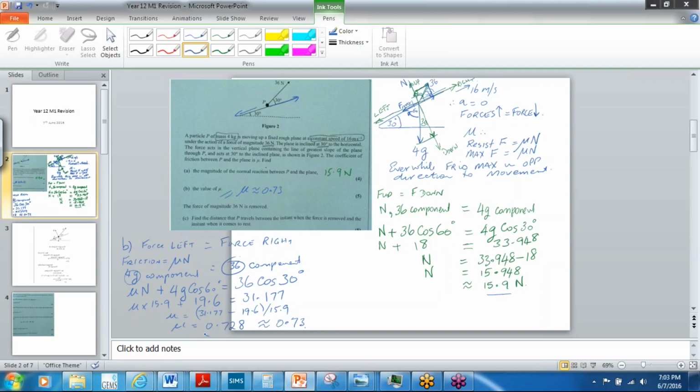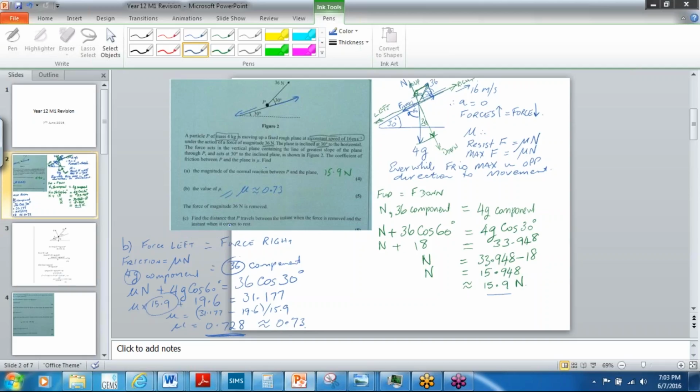I would keep using 0.728 instead. In fact, we used a rounded off number here. Because if we had used 0.728 here, we would have got a more accurate value in this position.